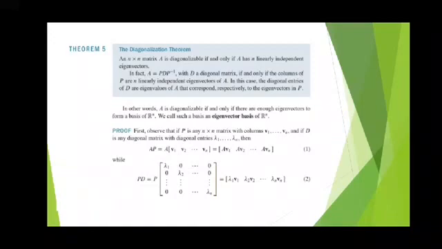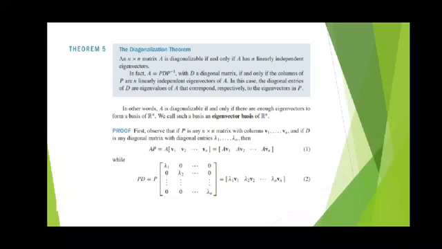In fact, A is equal to PDP inverse, with D a diagonal matrix, if and only if the columns of P are n linearly independent eigenvectors of A. Diagonalizable means A is equal to PDP inverse, where D is a diagonal matrix.